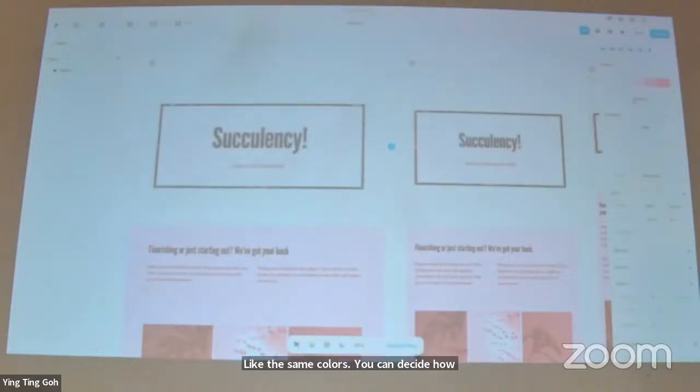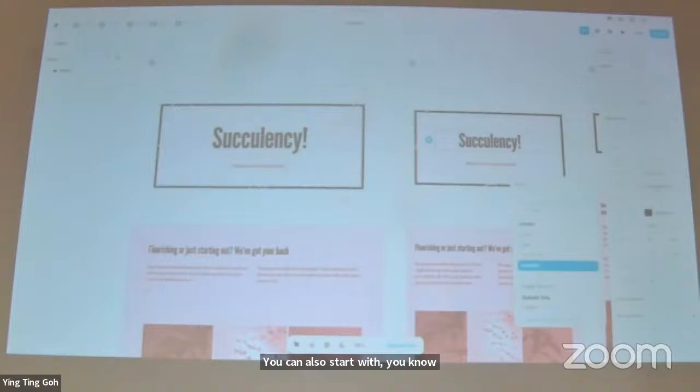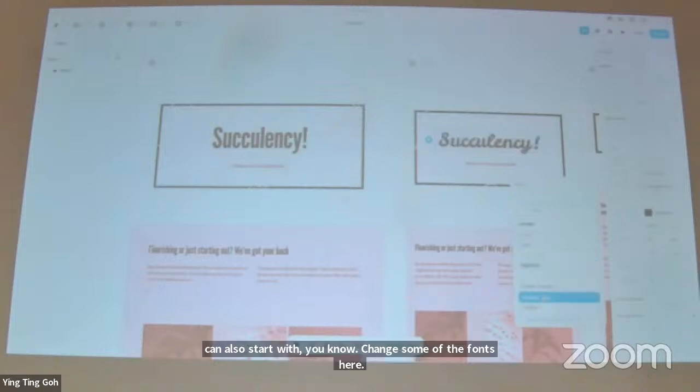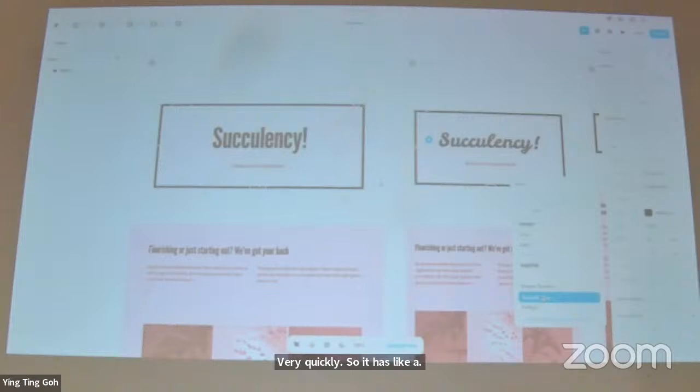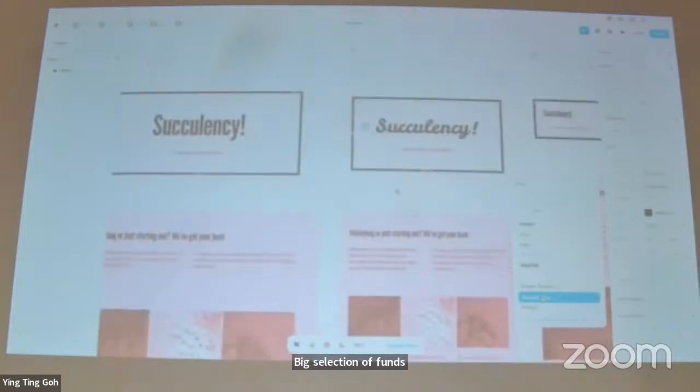So let's say maybe I start with this. You can also change some of the fonts here very quickly. It has a big selection of fonts available on the platform. If you have a brand guide, you already know what fonts you're using, or maybe your favorite font already. Otherwise, you can just work with what it has.